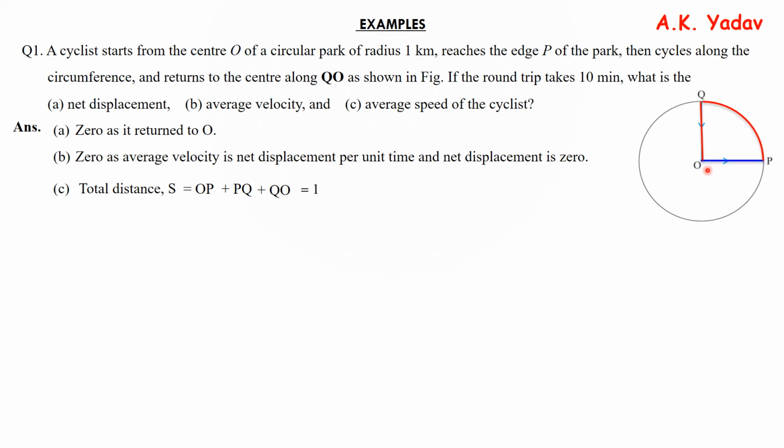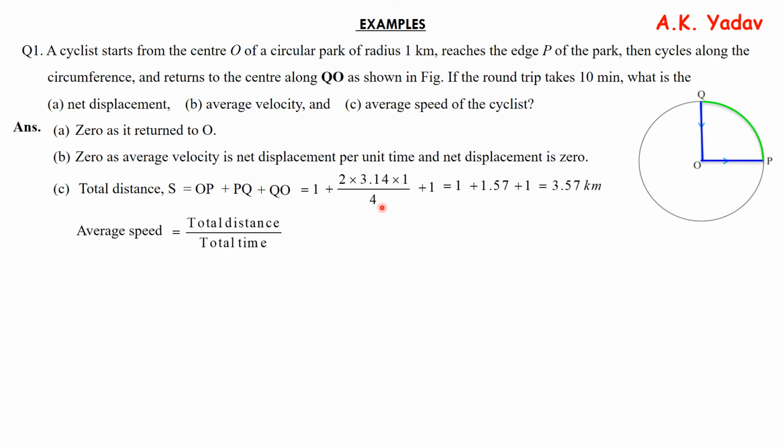Now OP is equal to 1 kilometer. PQ is 1/4 of the circumference, because the circumference will be the total path. Here PQ is 1/4 of this. That's why we can write 2 into 3.14 into 1 divided by 4. And what about QO? That is again 1. So we get 1 plus 1.57 plus 1, that is 3.57 kilometer.